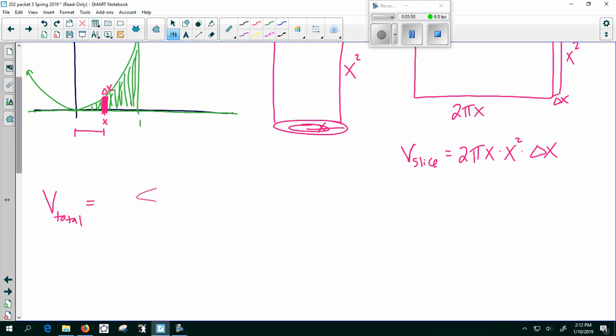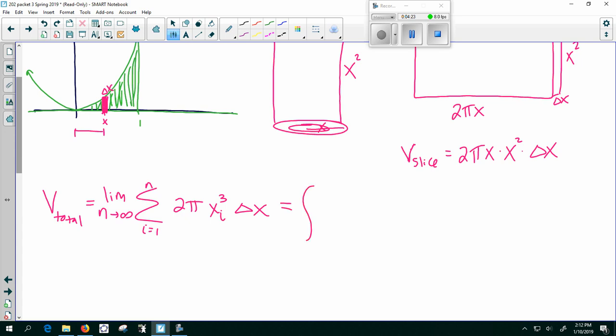is going to be, I'm summing an infinite number of these shells. So each slice is going to have volume 2 pi times x_i cubed delta x. And I'm going to take the limit as n goes to infinity of this sum. And that translates to an integral.